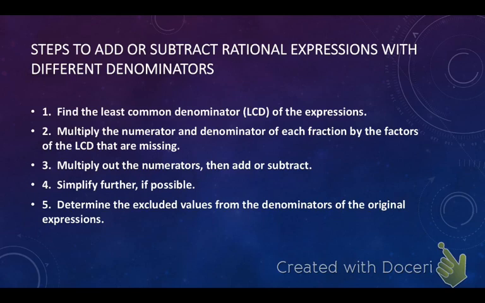And then whatever's on the top goes on the bottom as far as the missing part. You'll multiply the numerators if you have to distribute or multiply binomials. Do that. Then you'll either add or subtract, and then simplify further. So basically, leave the bottom factored, and if you can factor the top, factor the top. We still need to worry about what our restrictions are. That hasn't changed.